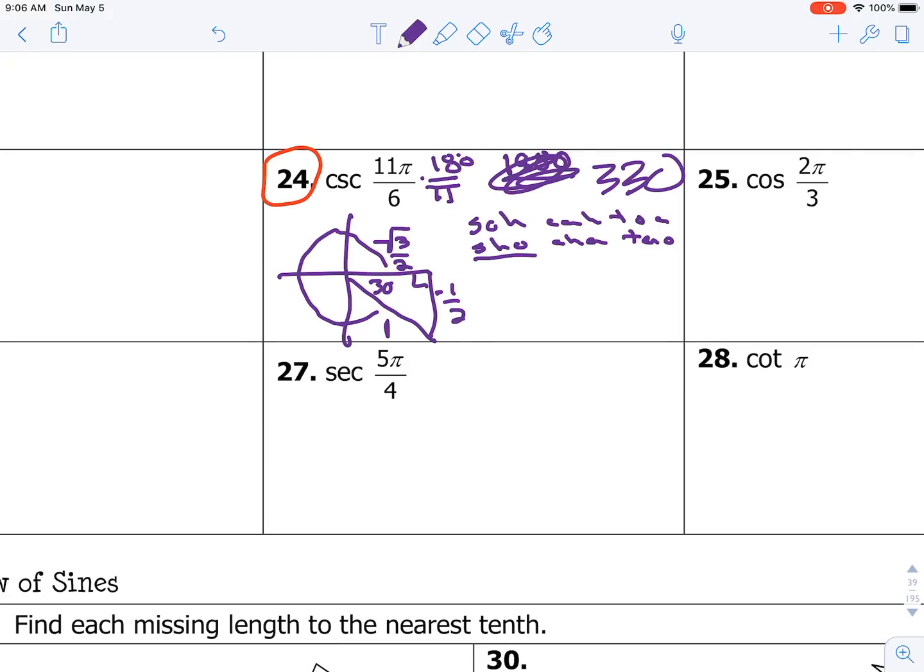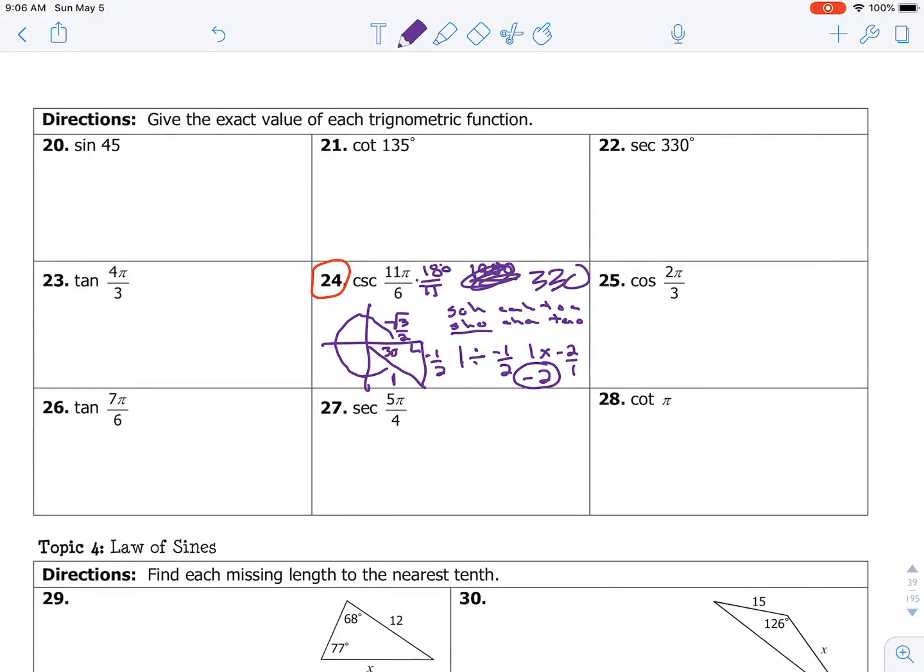So this would be hypotenuse over opposite. So this would be 1 over negative 1/2. It's just a fraction, right? A lot of you can already see what this is going to be. And then this would become 1 times negative 2 over 1. And 1 times negative 2 is negative 2.